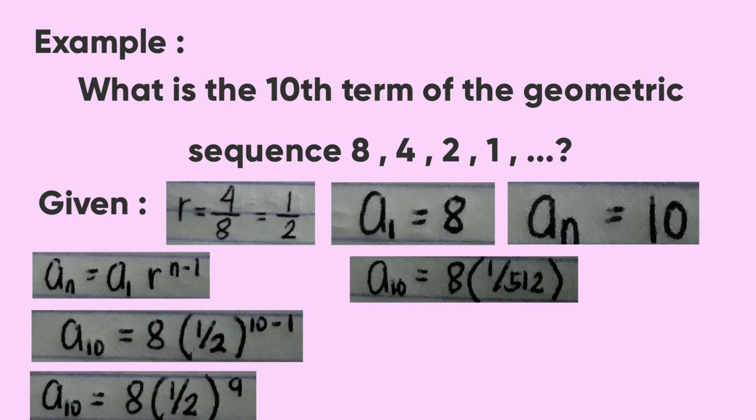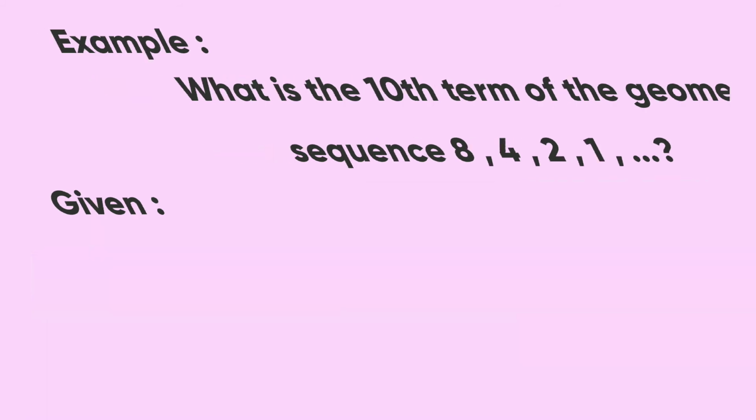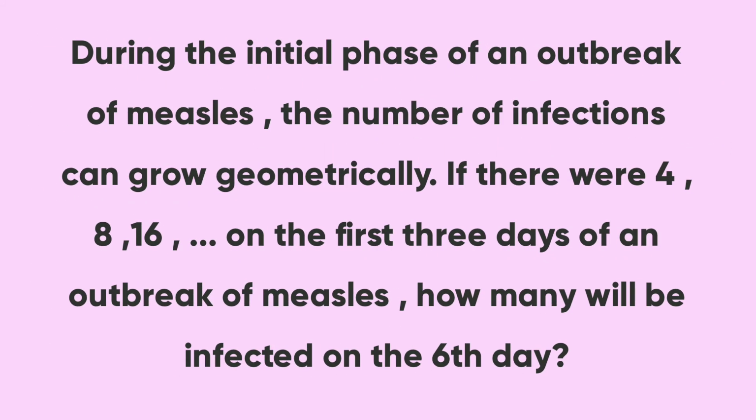And then a sub 10 equals 8/512. So now we will get its lowest term, which is 1/64. So our a sub 10 or 10th term is 1/64.